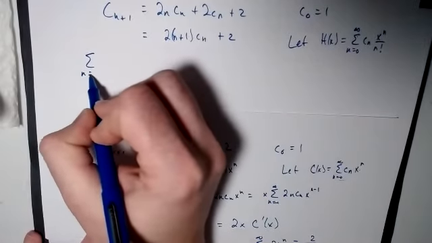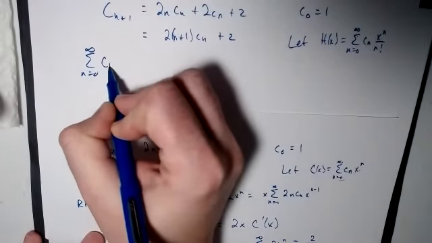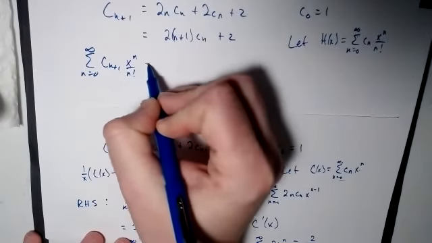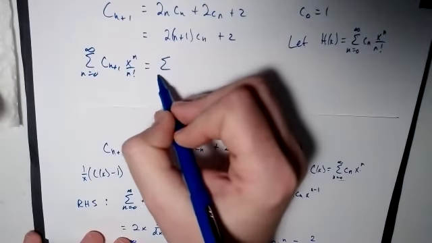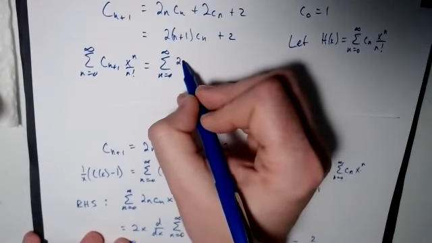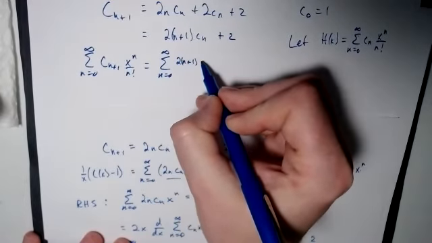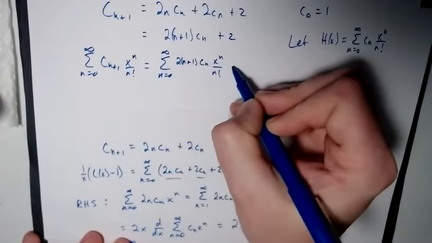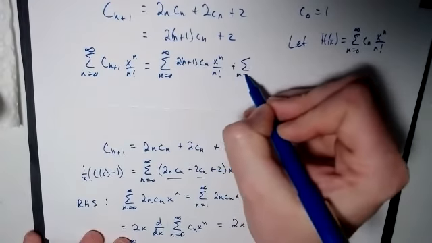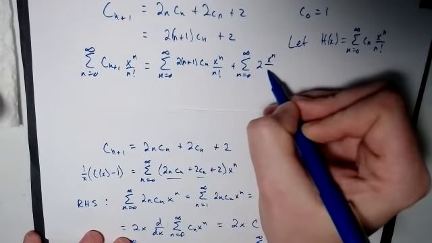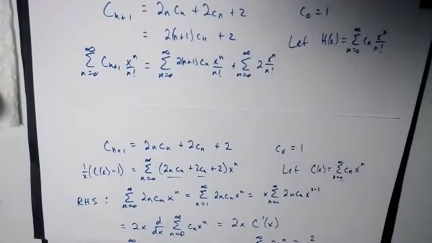The sum as n goes from 0 to infinity of Cn plus 1, x to the n over n factorial equals the sum as n goes from 0 to infinity of 2n plus 1 Cn x to the n over n factorial plus the sum as n goes from 0 to infinity of 2 x to the n over n factorial.